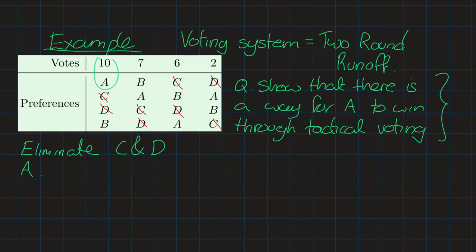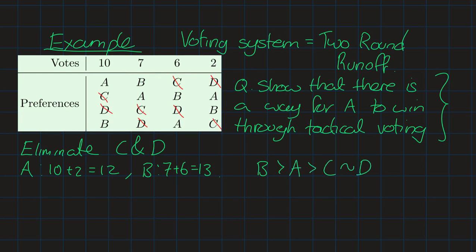A has 10 plus 2, which is 12. And B has 7 plus 6, which is 13. So the social ranking is B beats A, and then C and D are on equal footing because they both got eliminated in the first round.